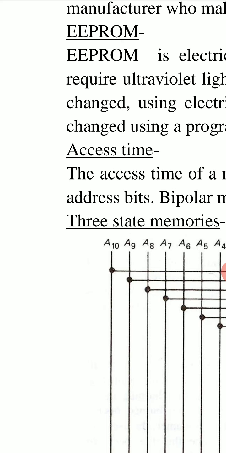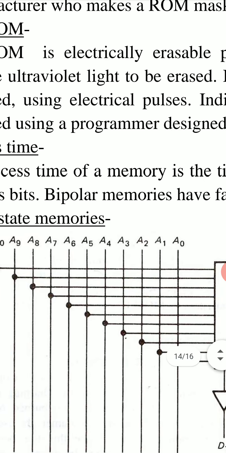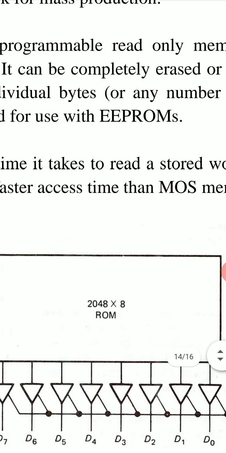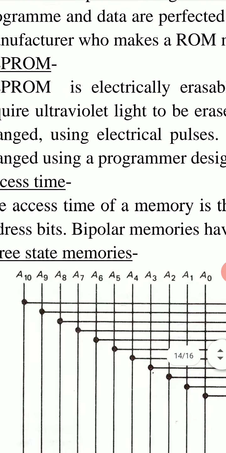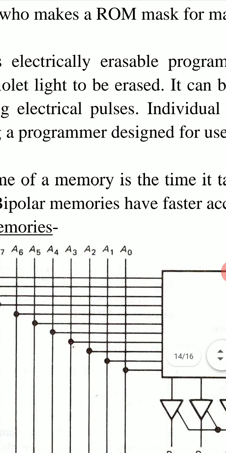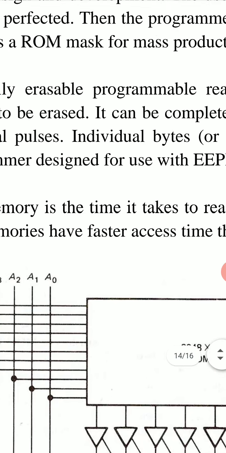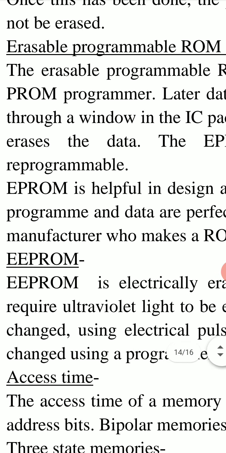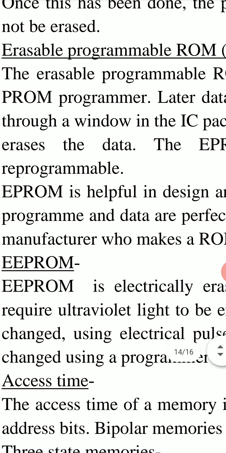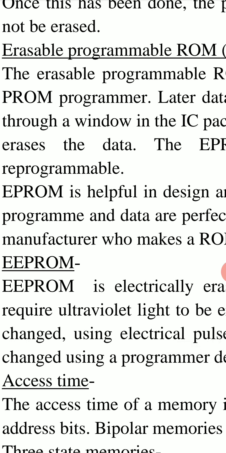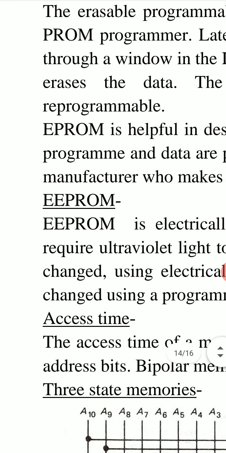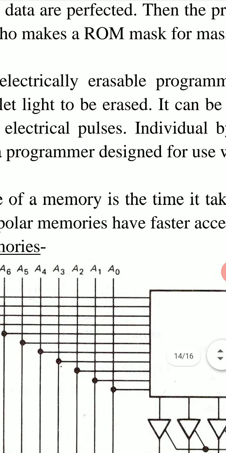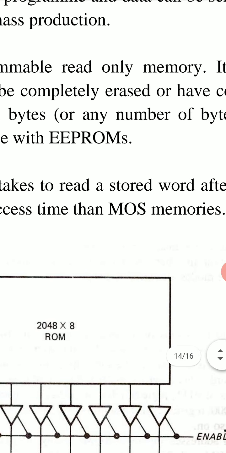EEPROM. It is the electrically erasable programmable read-only memory. In erasable programmable ROM, EPROM, we use ultraviolet light to erase the data. In this EEPROM, it is electrically erasable programmable ROM.